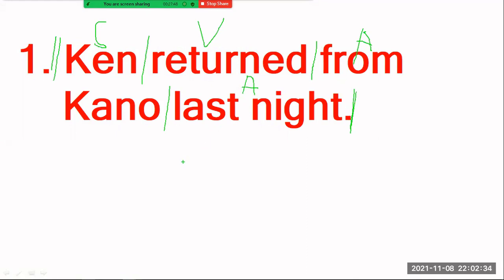So here we have a sentence that has the structure of SVAA. That is the structure of this particular sentence.